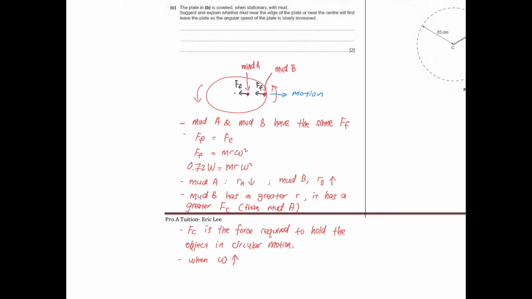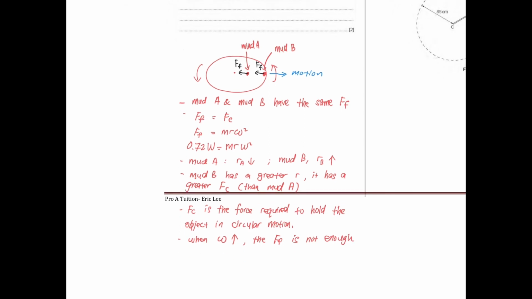So when omega increases, the frictional force is not enough to provide the centripetal force for mud B to remain on the plate, and hence it slides off first.